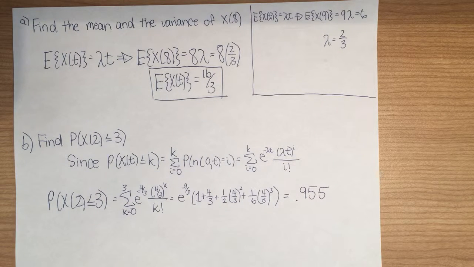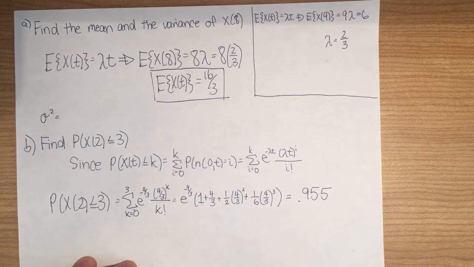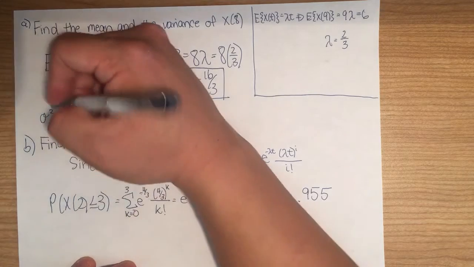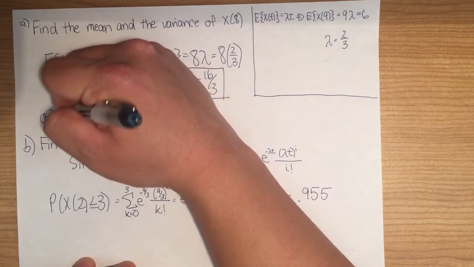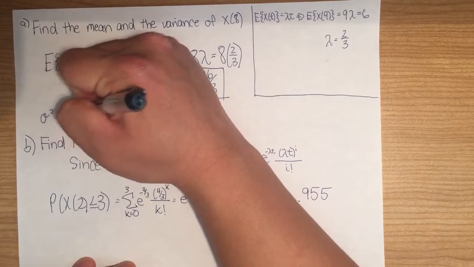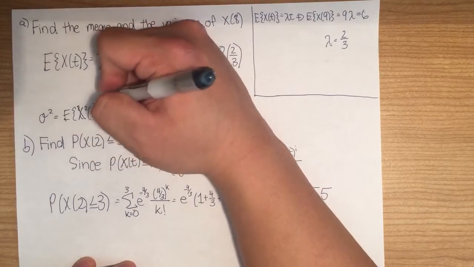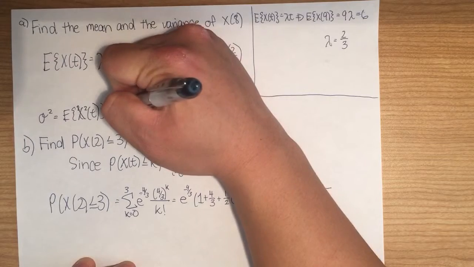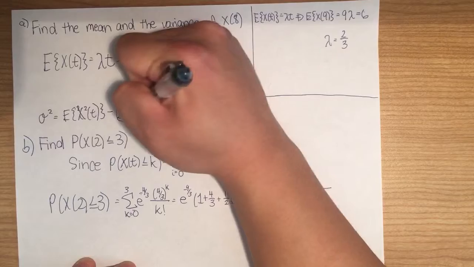Now we want to find the variance. The variance equals E of X squared of t minus the square of E of X. Sorry, this video is going to run a little longer.